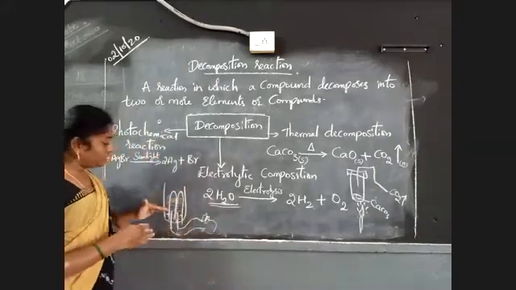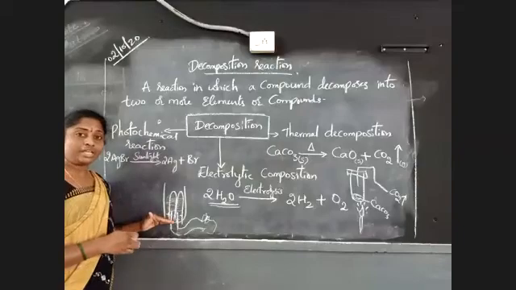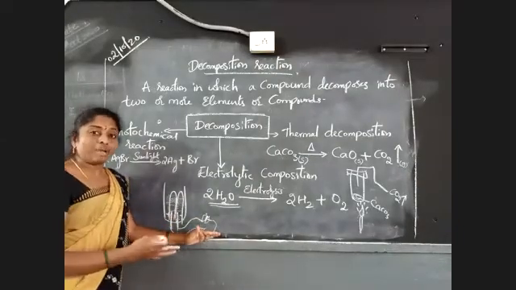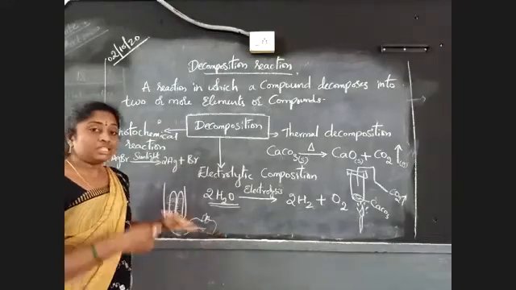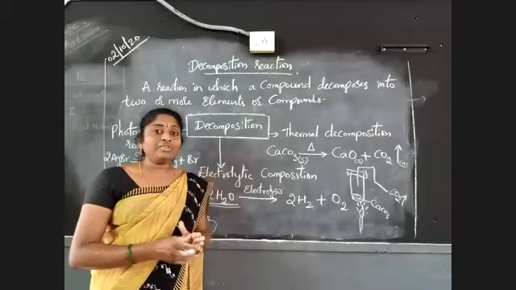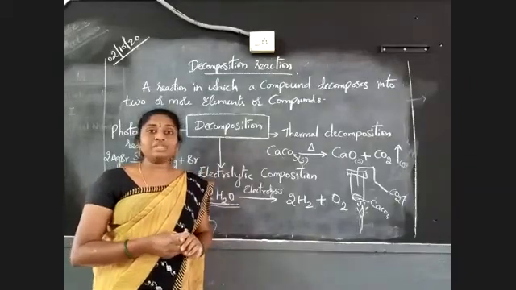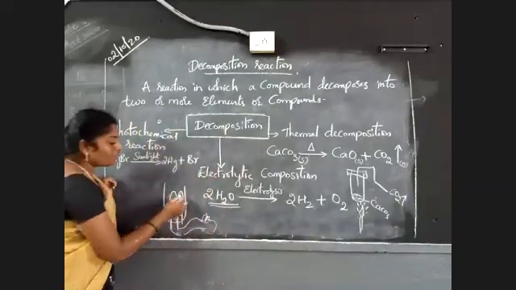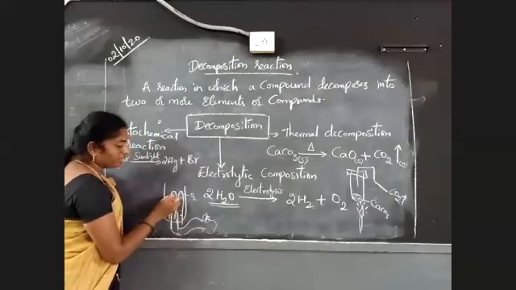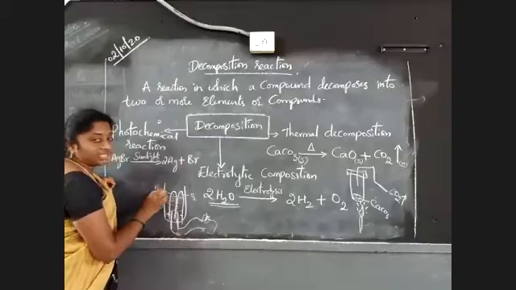After placing them in the inverted direction, start passing the electric current. Don't disturb the apparatus for some time, leave it like that, and then start observing. What will you observe? In one test tube oxygen will be filled, and in another test tube hydrogen gas is filled.